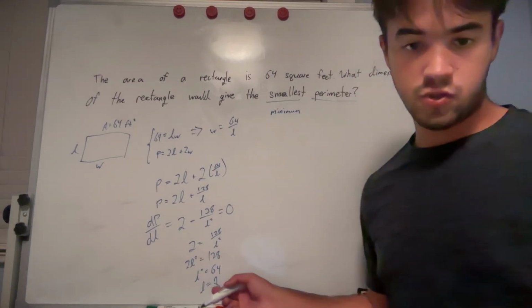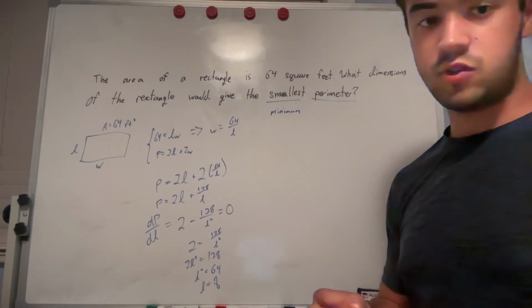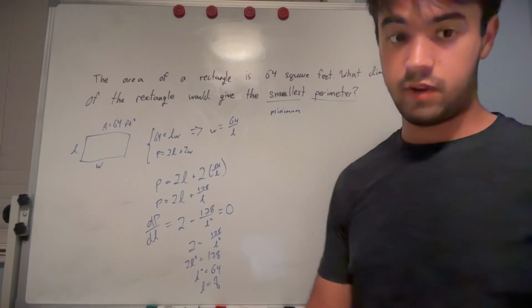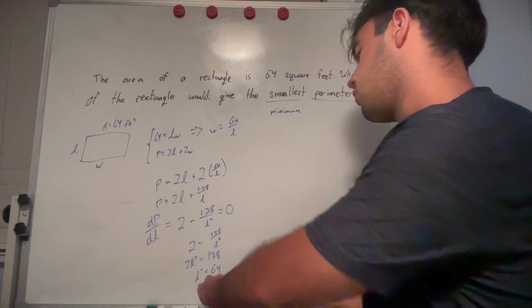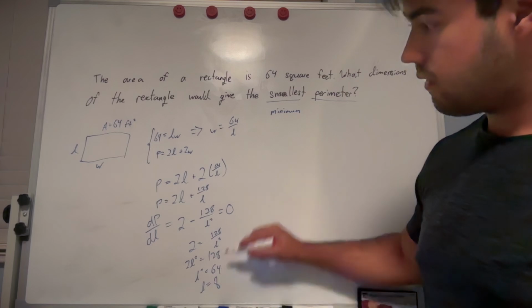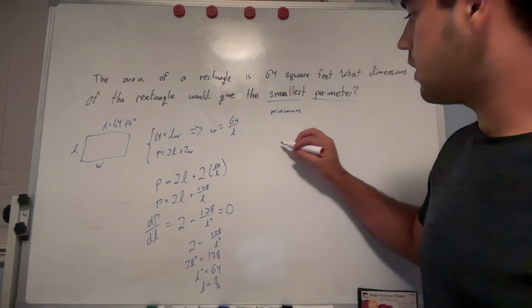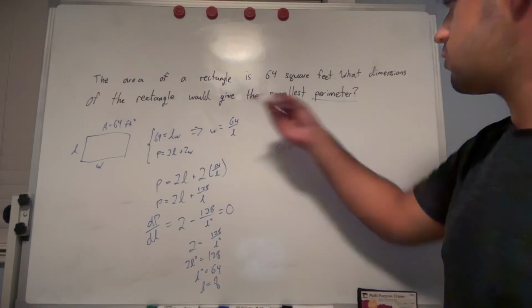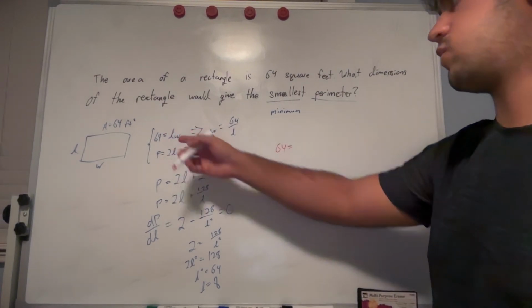I didn't write plus or minus 8 here because we're trying to find a length, and you can't have negative length. That doesn't make sense. So we'll be left with a positive 8 there for our L. And then very simply, we can just plug in 8 into L to one of our equations, realistically just this one.